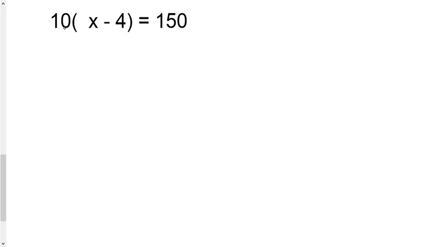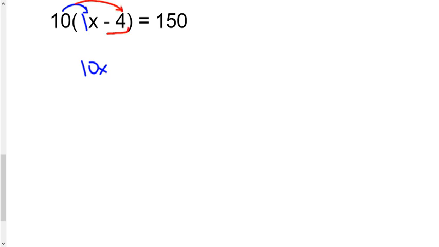You could look at it this way. 10 times x is 10x. Or, hey, there's no coefficient in front of that variable. You could say 10 times 1x is 10x. 10 times 1 is 10, and just slide the x down. It doesn't really matter which way that you're looking at that. Okay. Now, the 10 also has to come on and multiply the 4.